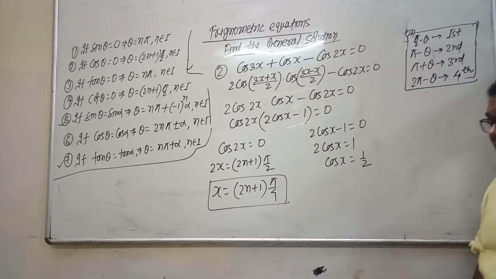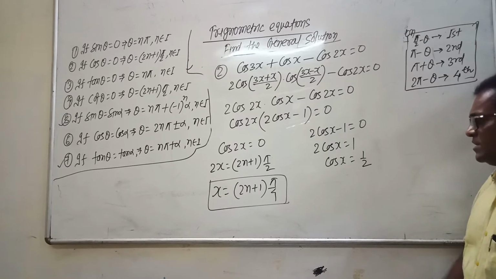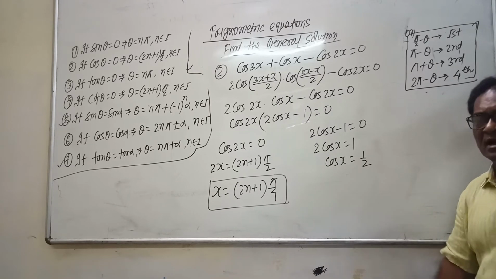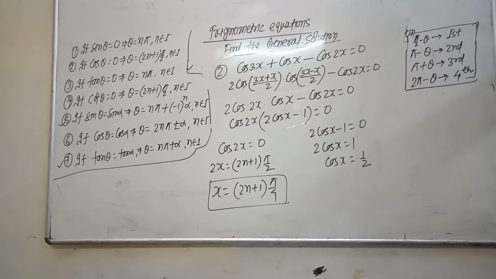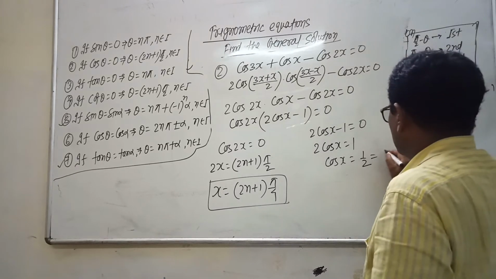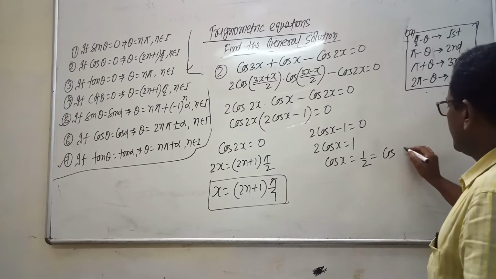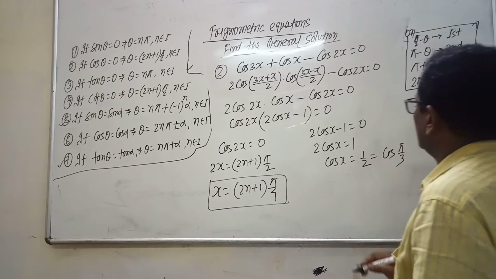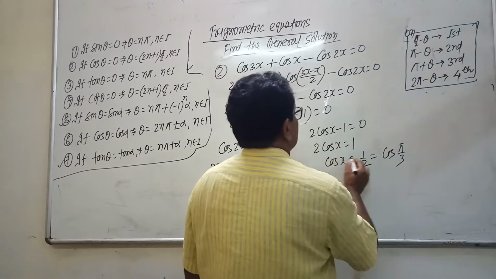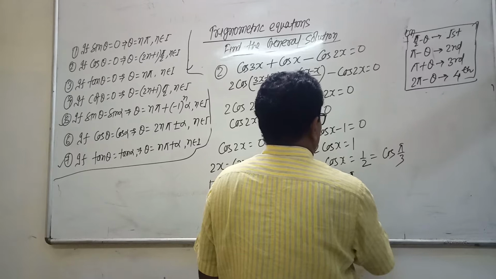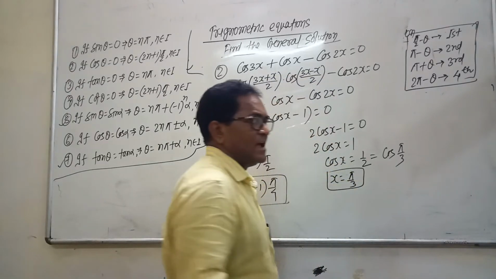In first quadrant it is positive and in fourth quadrant it is positive. And for finding the general solutions we use the value of first quadrant. So 1 by 2 is written as cos 60 degree, and cos 60 degree means cos pi by 3. So cos x equals to cos pi by 3 and x equals to pi by 3. This is the principal value.